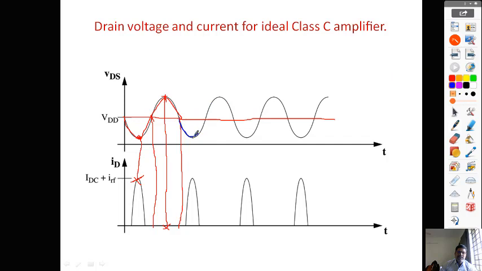Whenever the voltage comes low, the current is maximum. Whenever the voltage goes up high, the current becomes 0. So this is repeated for all the forthcoming cycles. So this is the voltage across the drain and source and the current through the drain.